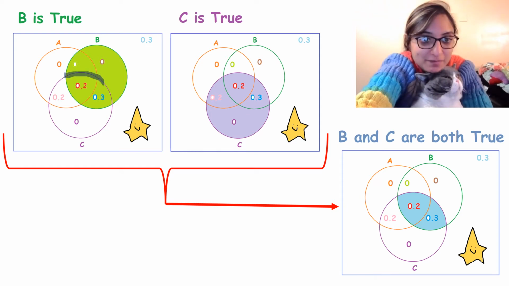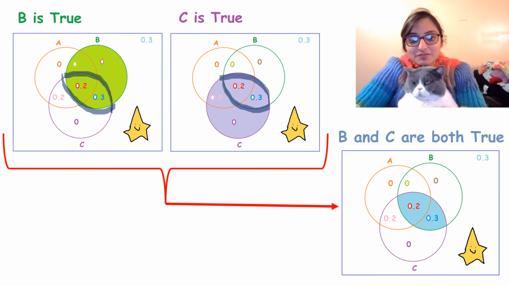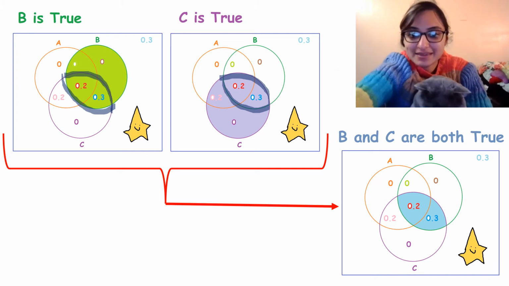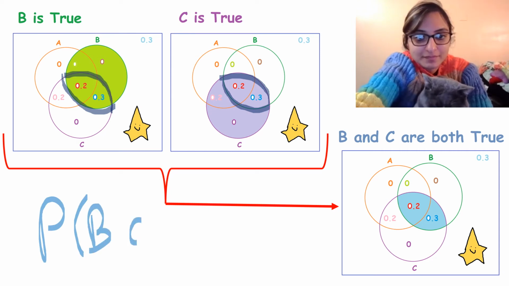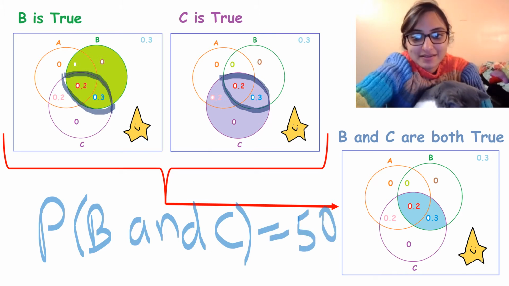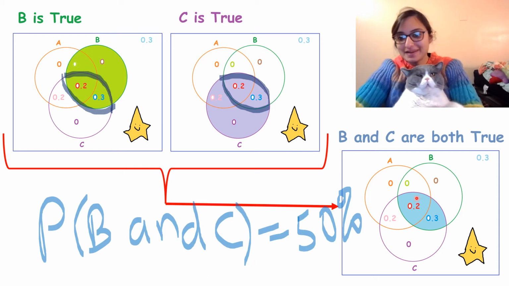When B is true, the part where C is true is given by this part here, and this is the overlap between B and C. That's what we find over here, B and C, this overlap. This overlap is 50%. So the probability that B and C are true, or just B and C, is equal to 50%. That's the overlap between them, and this is our new sample space.